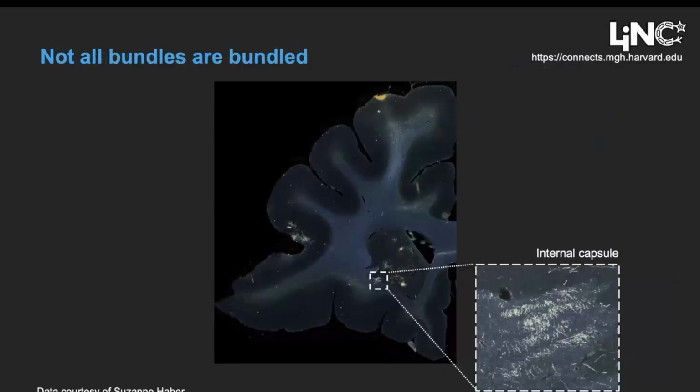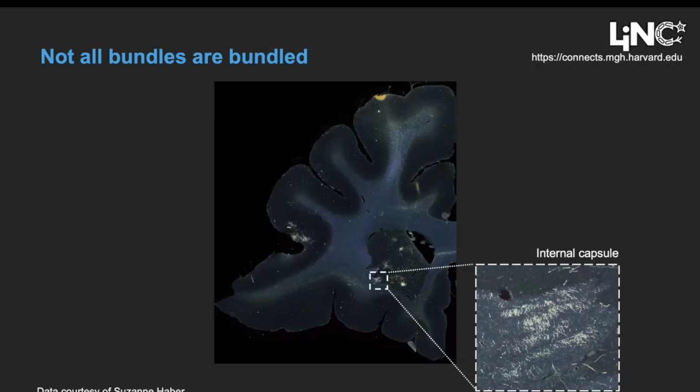Then another interesting insight that we gained from this exercise of comparing the diffusion tractography to the tracer data, and that also flips some of the assumptions that we make as tractographers on their head, is that what we call a fiber bundle is not as easy to define as we might think. We think of lots of fibers that start from the same point, travel parallel to each other, and end at the same point.